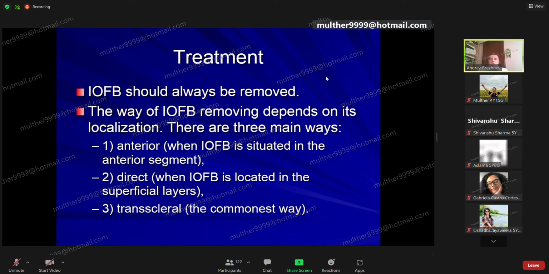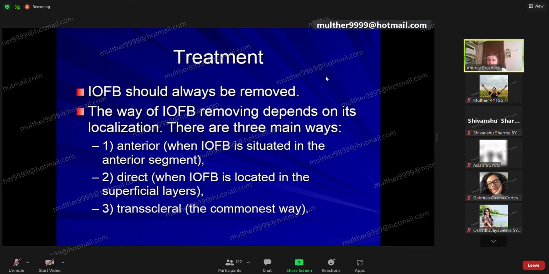Anterior, when it is situated in the anterior segment of the eye, and we can remove it through the paracentesis. For example, if it's in the anterior chamber, we make a small cut in the cornea and remove it carefully. The direct, when it's located in the superficial layers, and for example, one tip of the foreign body is inside the eyeball, the other tip is out of the eyeball, like a needle.